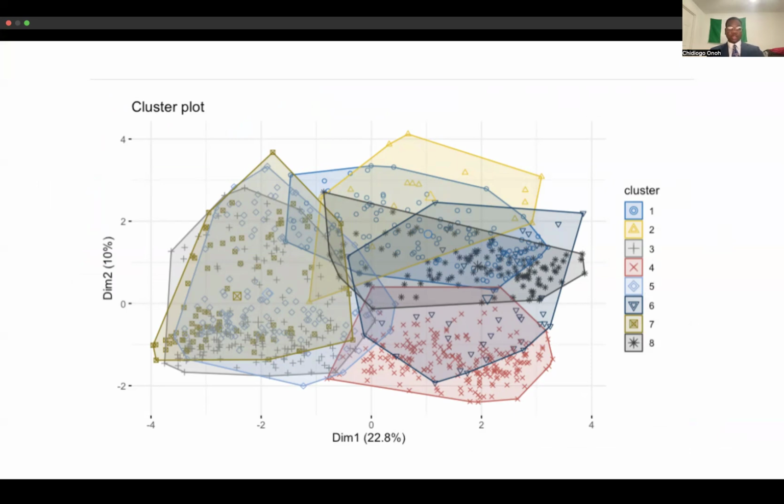I believe what this is caused by is the high dimensionality of the data. So perhaps if we could imagine 7, 8, 9 dimensions, we would be better able to tell a clear, well-defined bound on these clusters. But since it's projected onto a 2D plane, it's hard to interpret.